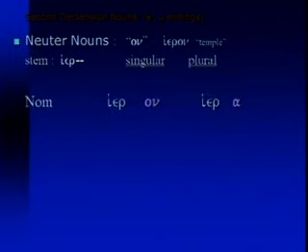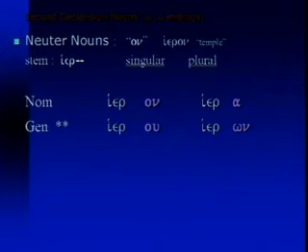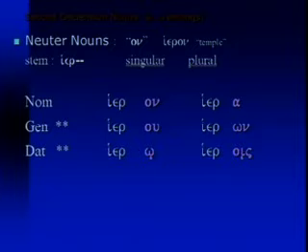All right, so looking at this particular stem, in the nominative singular, hieron. In the nominative plural, hiera. In the genitive singular, hieru. In the plural, hieron. In the dative singular, hiero. In the plural, hierois.